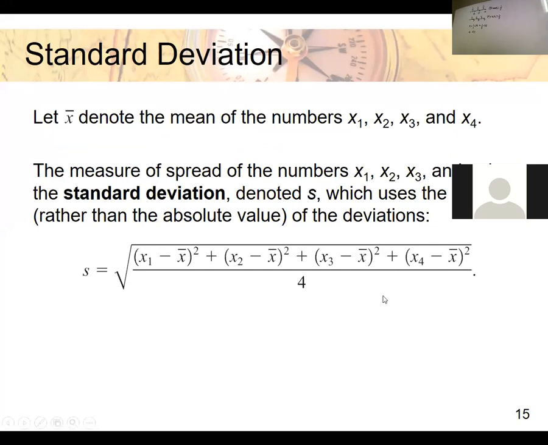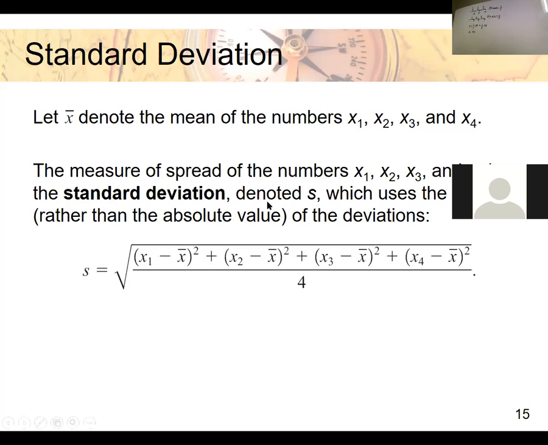Let's say we let X bar denote the mean of the numbers X1, X2, X3, and X4. If you recall, X bar is the mean of a set of data. You take the average of the numbers by adding those data values and dividing by how many data values we have.